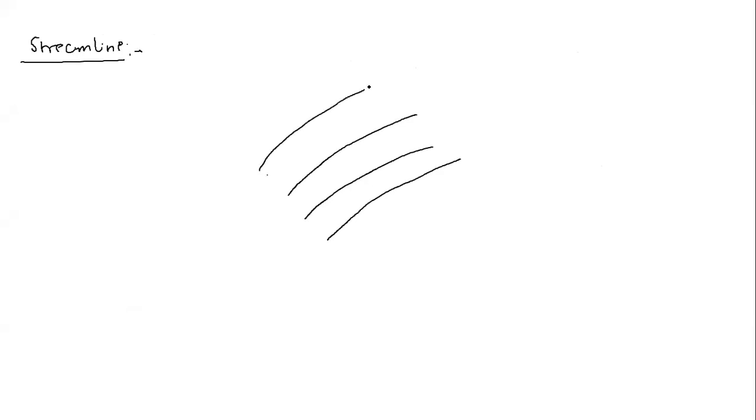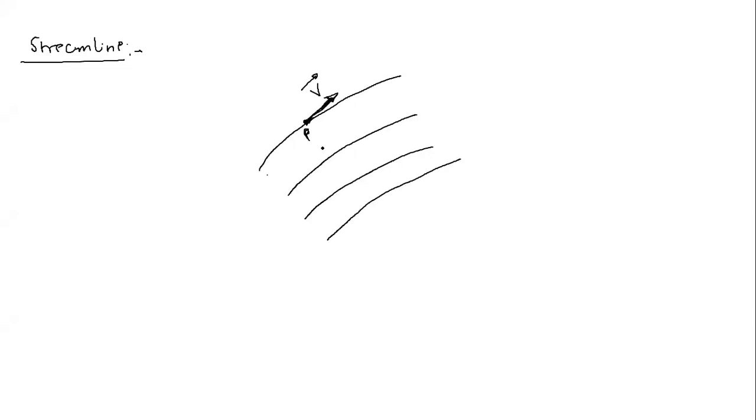While drawing these lines, I kept in mind that they should be drawn in such a way that if I draw a tangent to this line at a particular point P, let's say, then this tangent should represent the velocity vector at that point, correct?